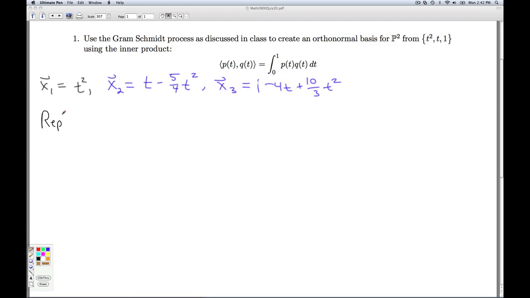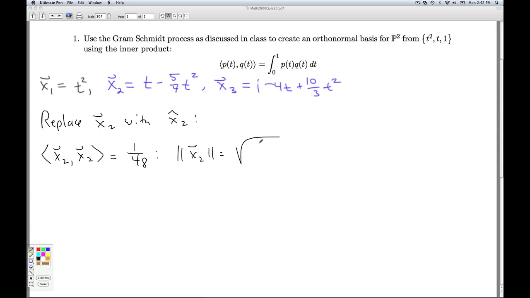Okay, we're now going to replace x2 with the unit vector in its direction. Now, just like with x1, we know the inner product of x2 with itself is 1 over 48. That means that the length of x2 is the square root of 1 over 48, which is 1 over the square root of 48, which is 1 over 4 radical 3.